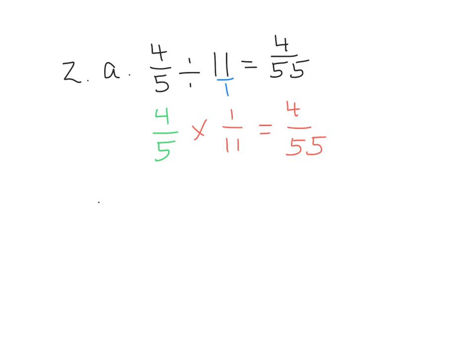All right, B. On B, I have 7/8 divided by 6. So the first thing I want to do is make everything fractions. Then I can do my copy, change.